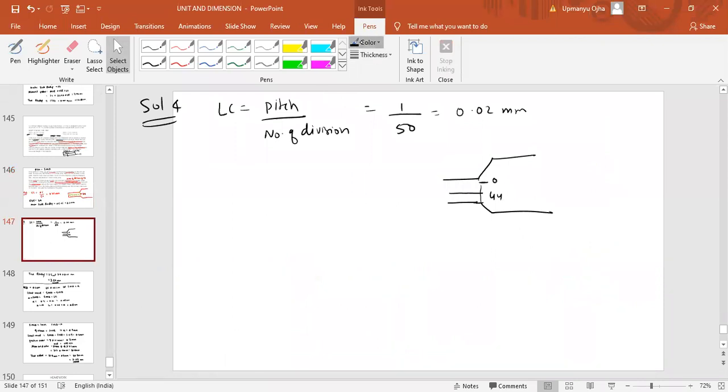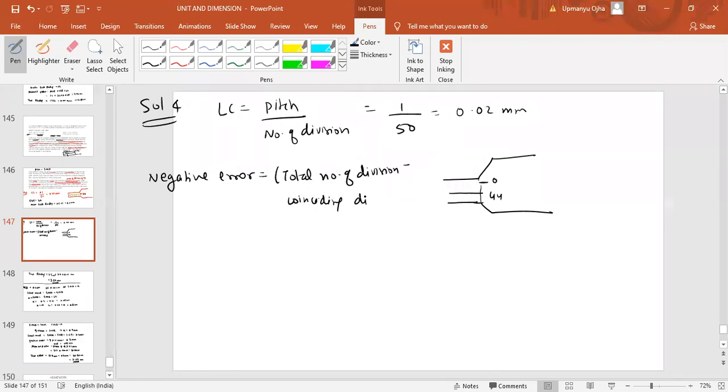So negative error will be equal to, now how to find negative error? We have total number of divisions minus coinciding division. So how many divisions are there? 50. Total number of divisions 50 into least count.